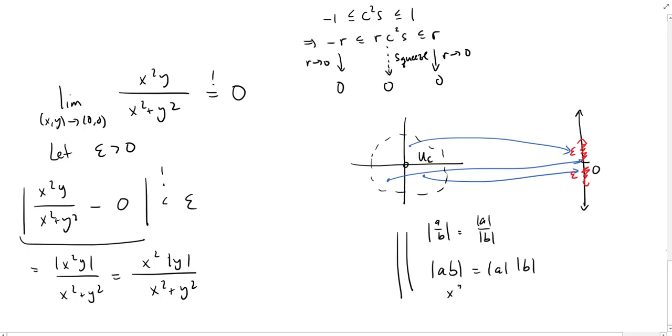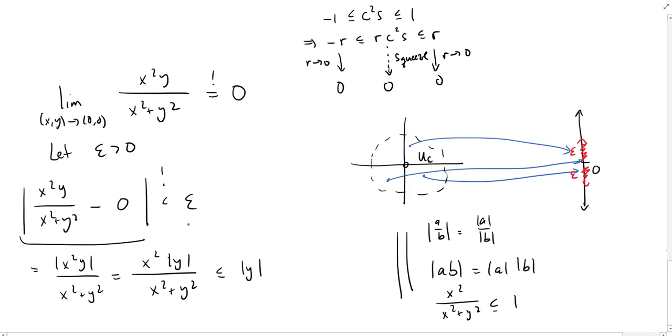Right? Because x squared plus y squared is greater than or equal to x squared. Okay, fine. So that means that this is less than or equal to the absolute value of y, right? This is just 1 times the absolute value of y.